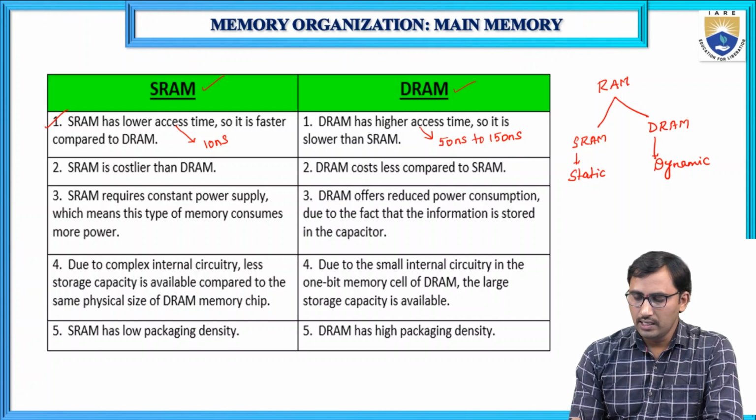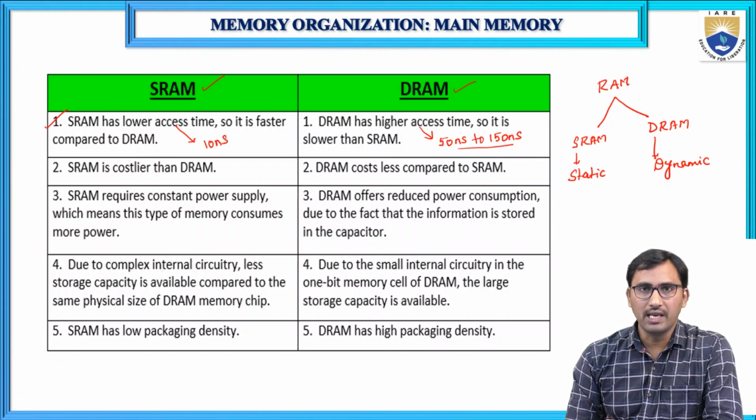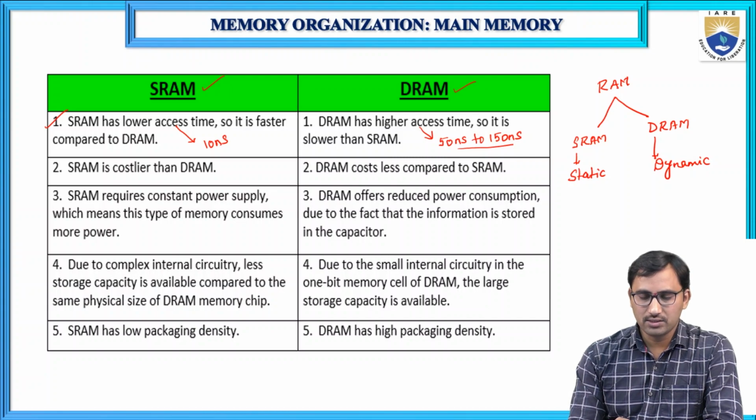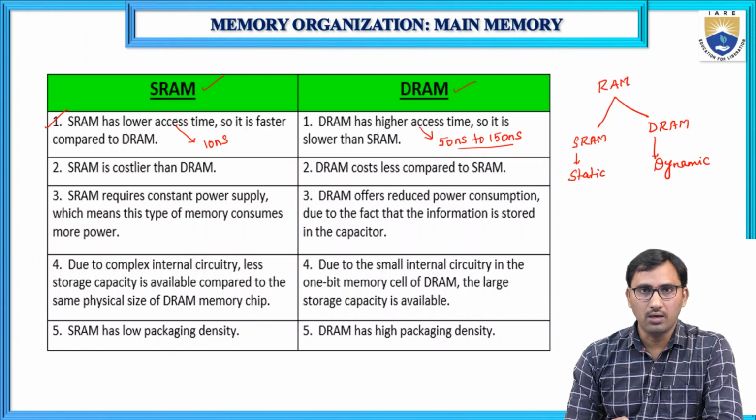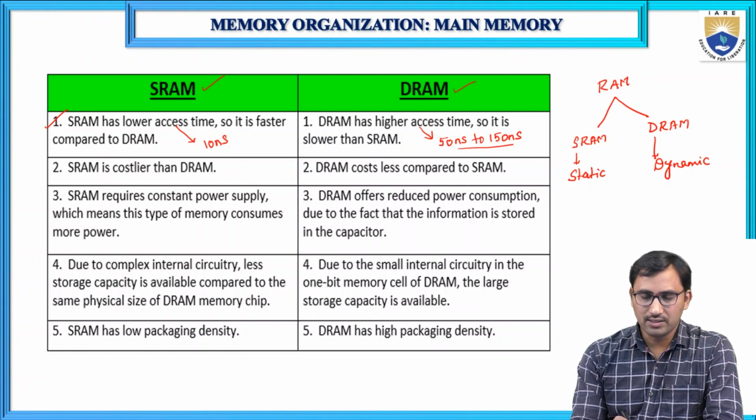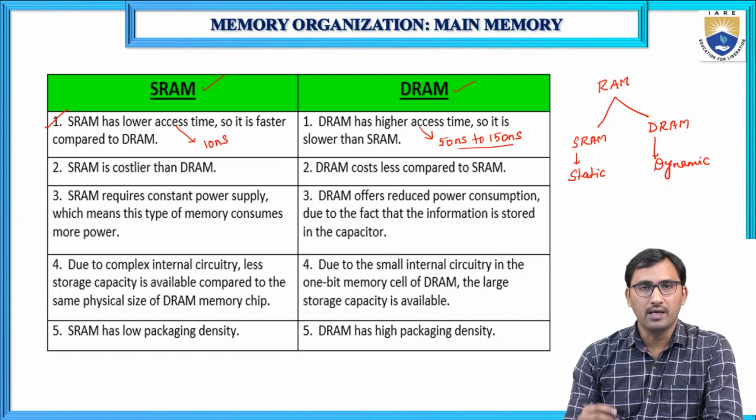So here the access time is very high, so it would be slower when you compare with the SRAM, because access time is inversely proportional to speed. If the access time is high, then speed will be reduced.